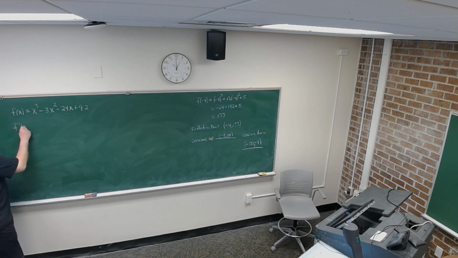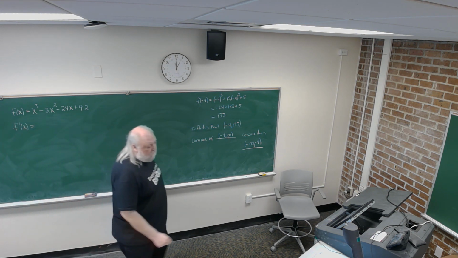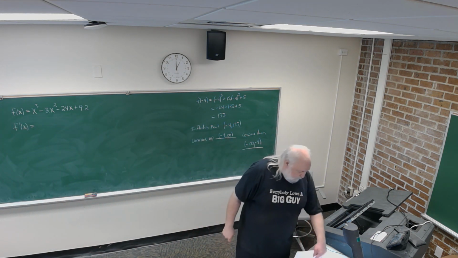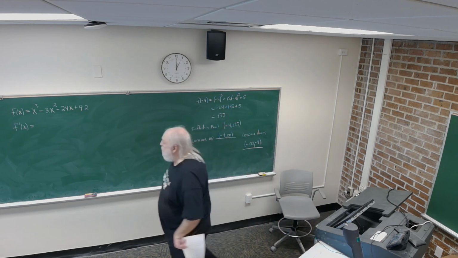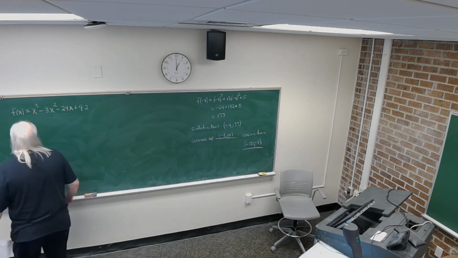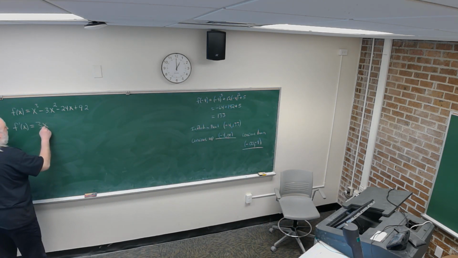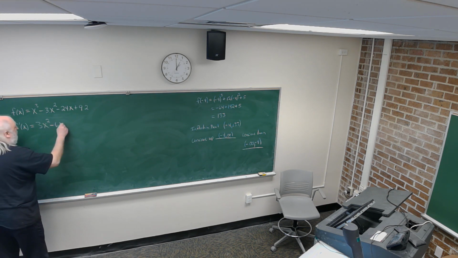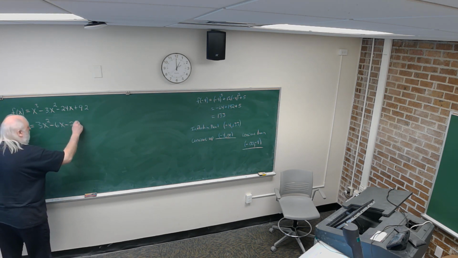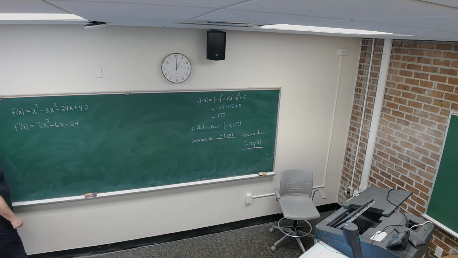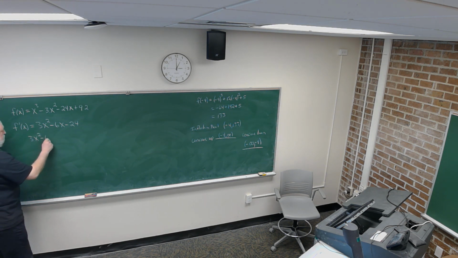So first thing we got to do is find all the values of x that make the first derivative equal to 0. And we did do that yesterday. So f prime of x is equal to 3x squared minus 6x minus 24. And then you set the derivative equal to 0.